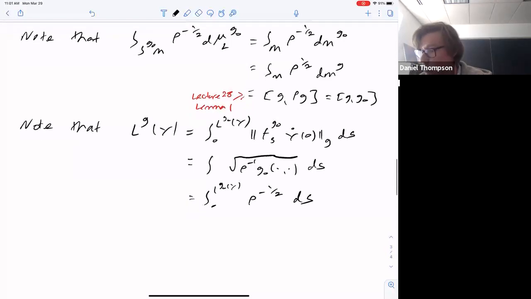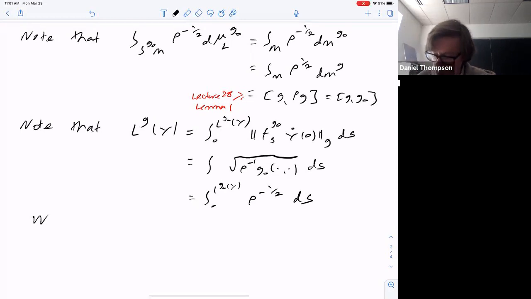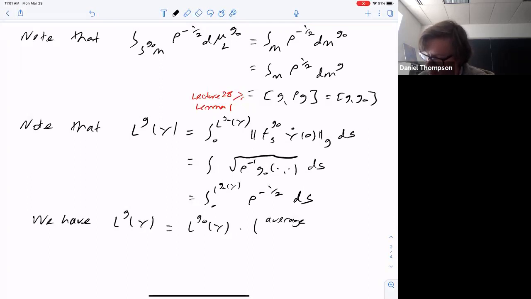I was just doing a bit of prep work for that. So the L_g length of a curve is therefore the L_g0 length of the curve times the average of rho to the -1/2 along gamma.